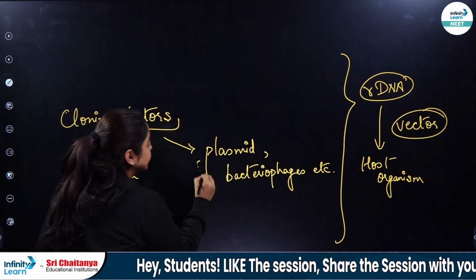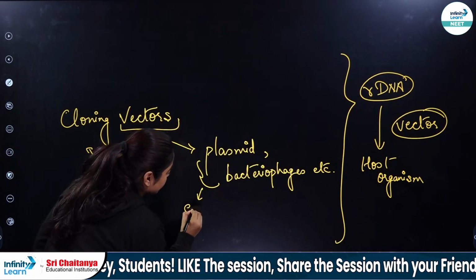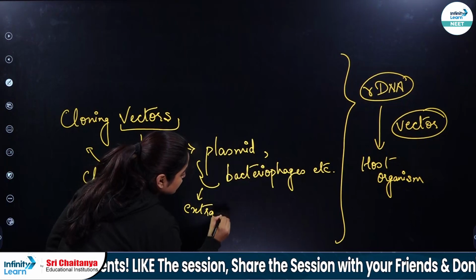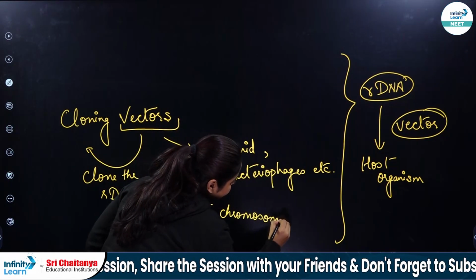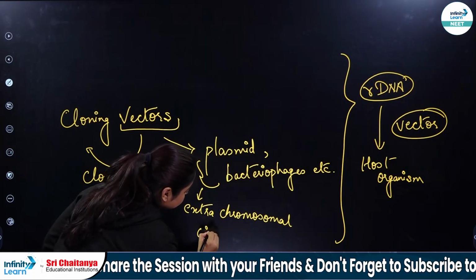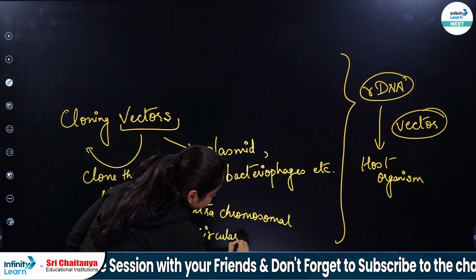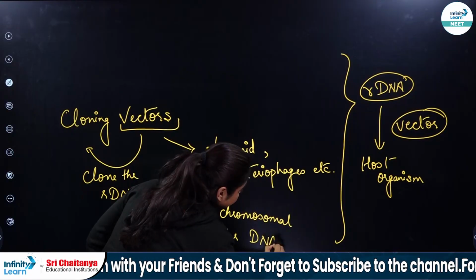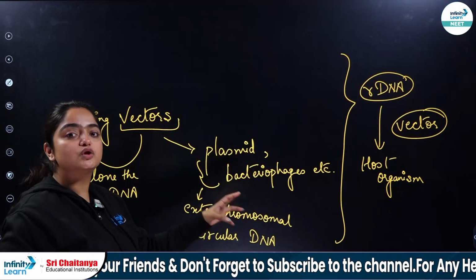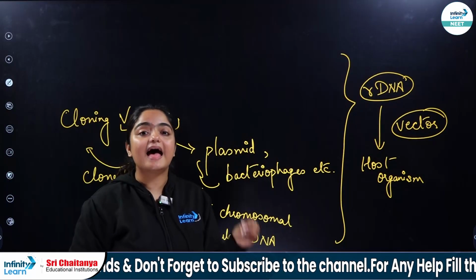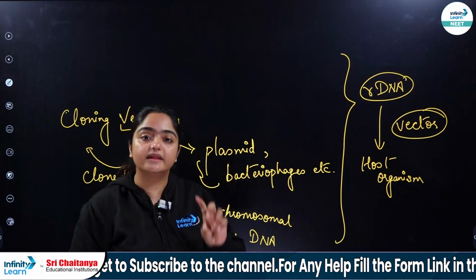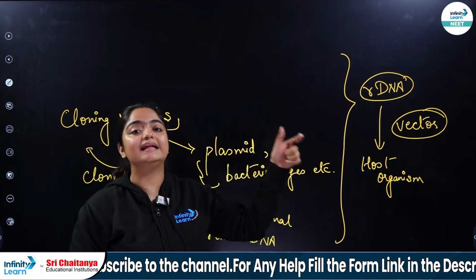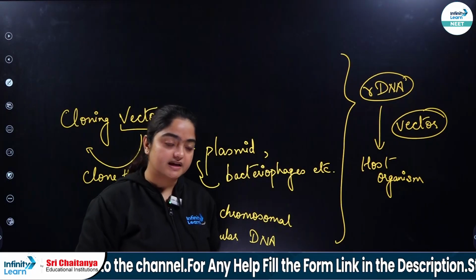Because these are extra chromosomal circular DNAs. And because they are extra chromosomal circular DNA, they have the ability to replicate within themselves without the requirement of any other DNA fragment, correct?